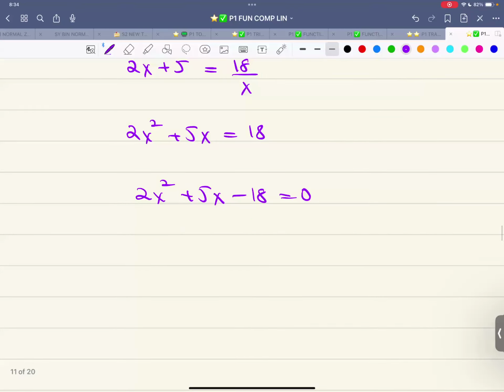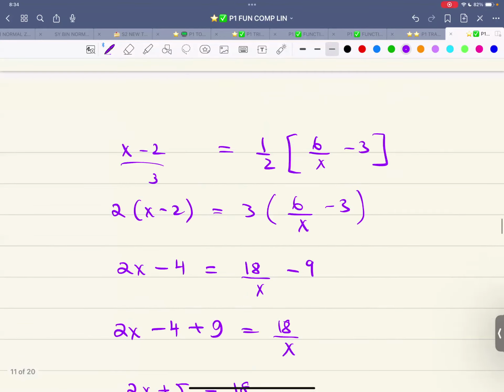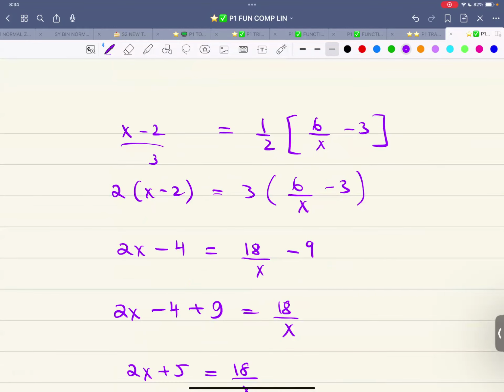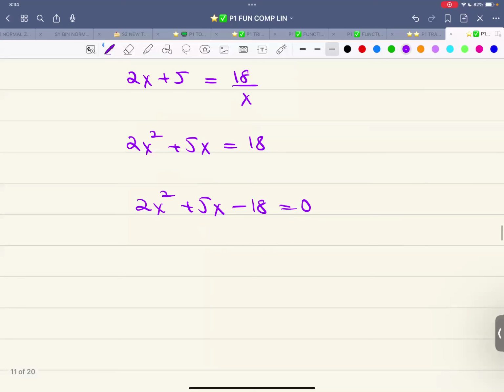So 2 into 18 is 36. So 12 and 3, if I'm not mistaken. Yeah, I think it looks all good. 9 fours are 36.